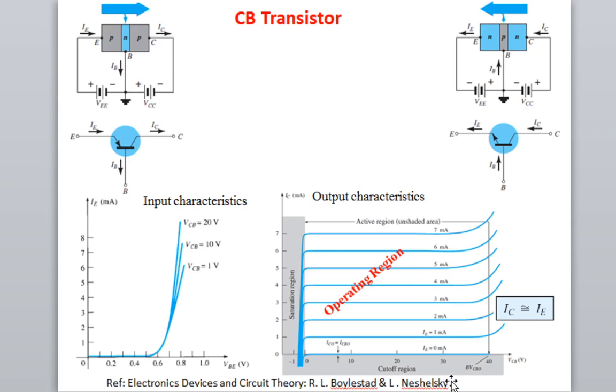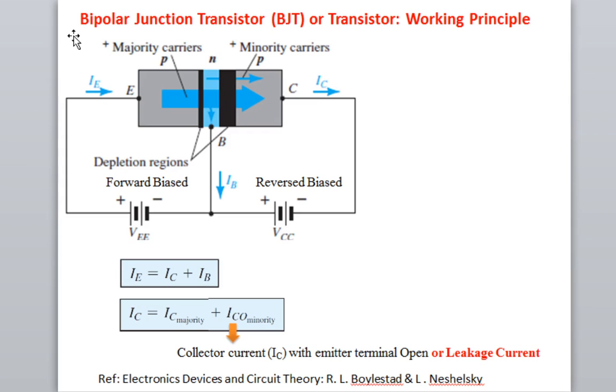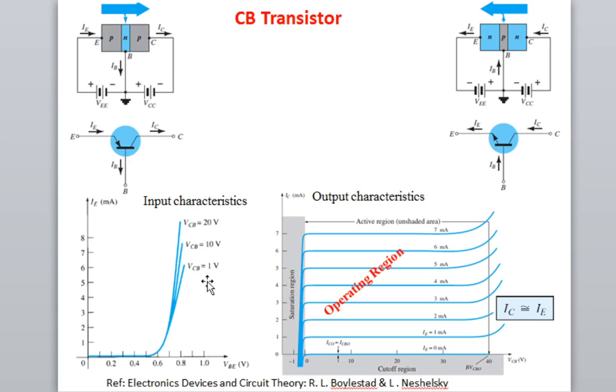If you plot that, when the input current is 0, obviously, if IE is equal to 0, we have learned that IC is also 0 and IB is also 0. That means if the input current is 0, the collector current will also be 0.